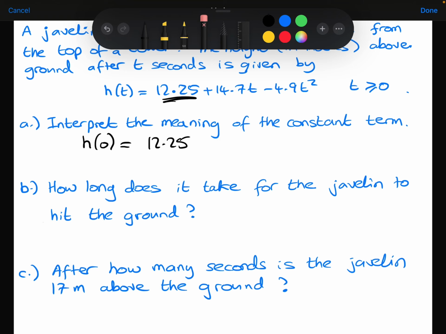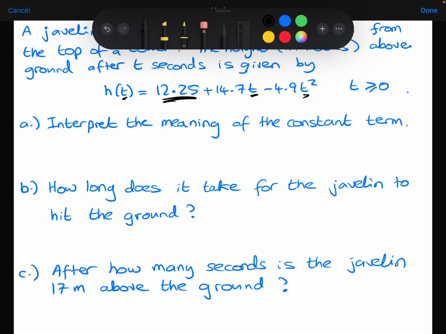So the constant term at the front there, the 12.25, that is the height when t is 0. The constant is always going to be the value when the time, or the variable more generally, is equal to 0.